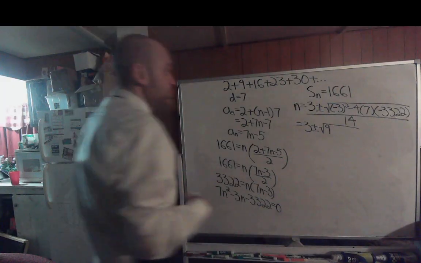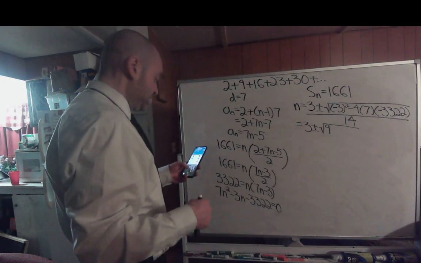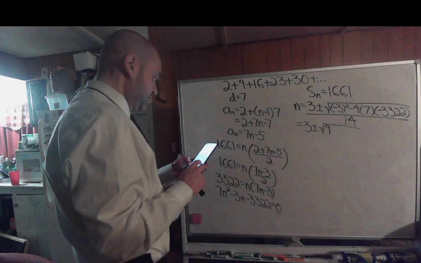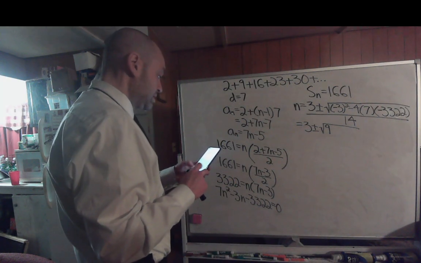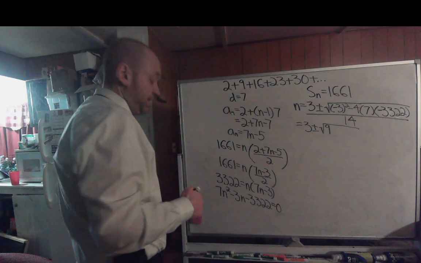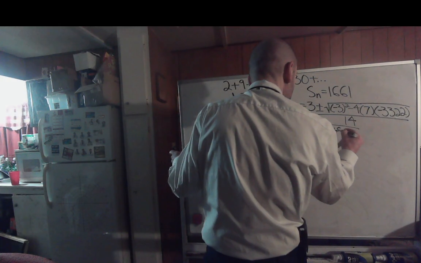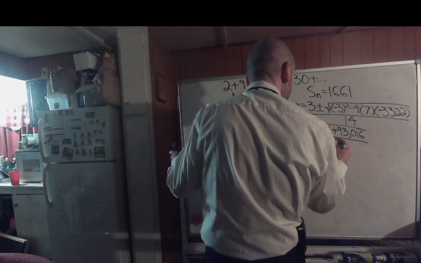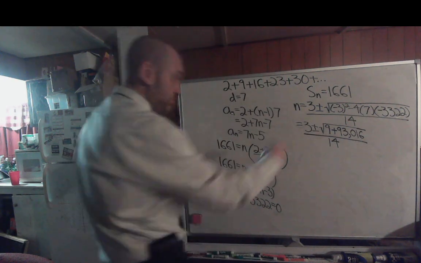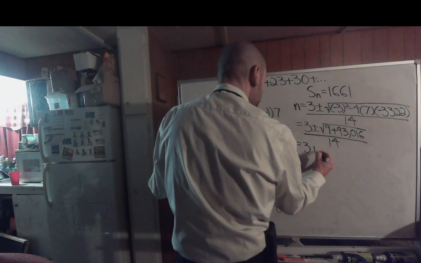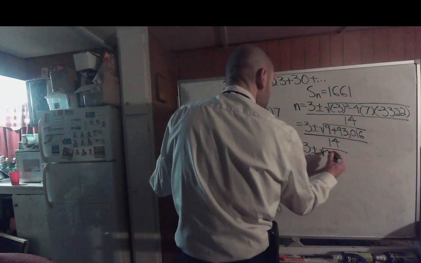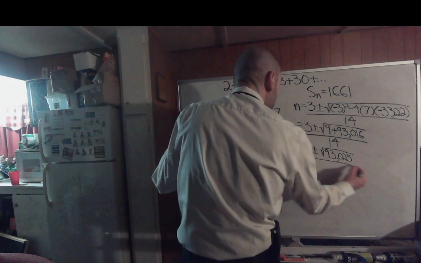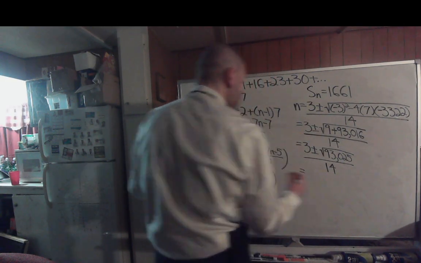And then let's find negative 4 times 7 times negative 3,322. We know that's going to be positive 93,016, all over 14. So that was a big number. So that's going to equal 3 plus and minus the square root of 93,025 all over 14.